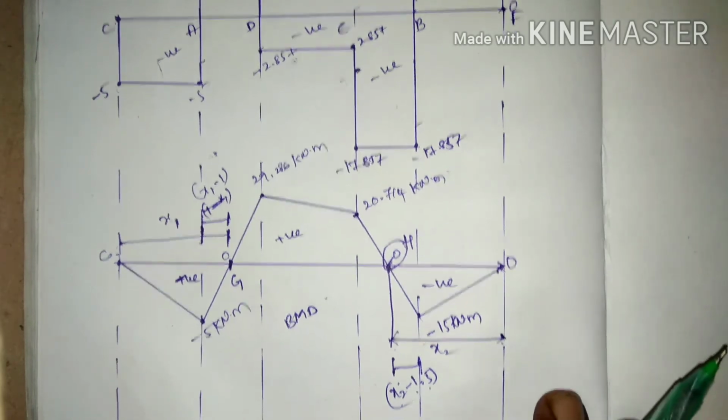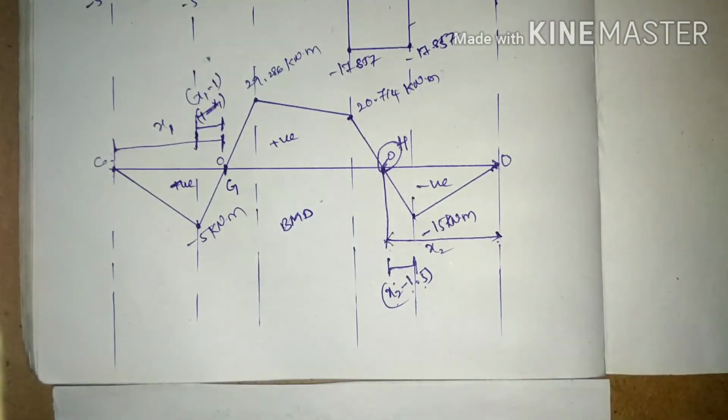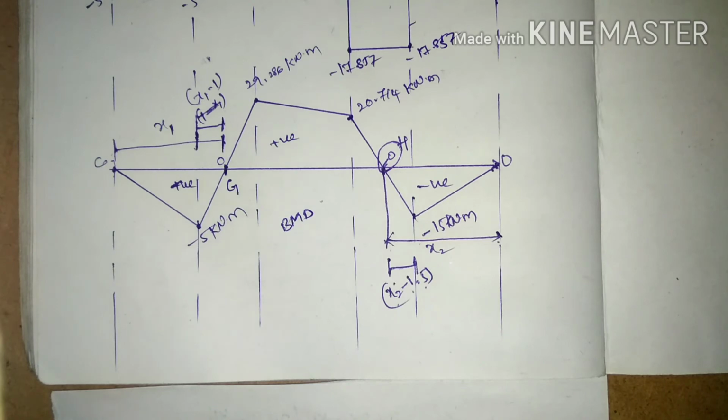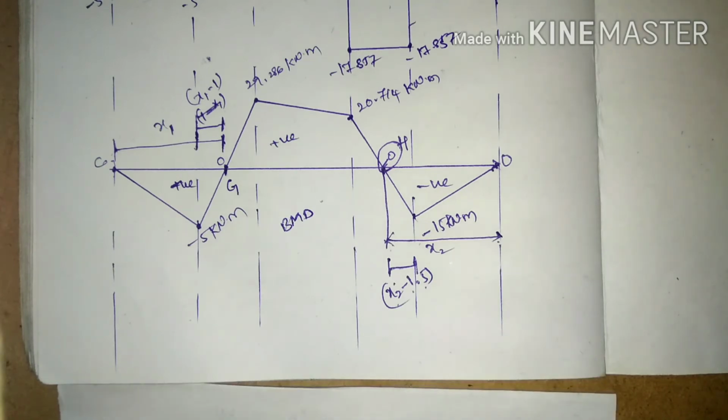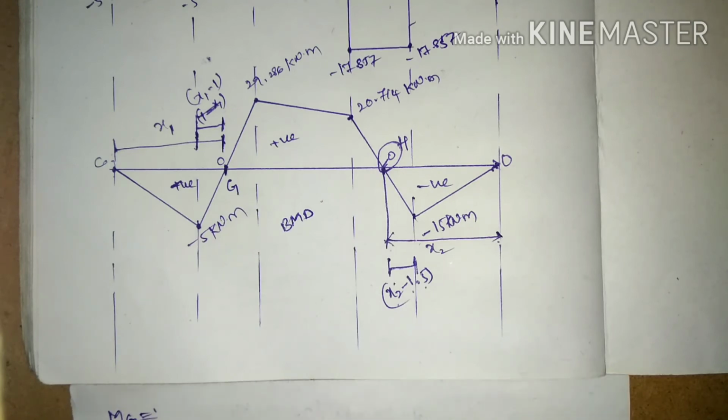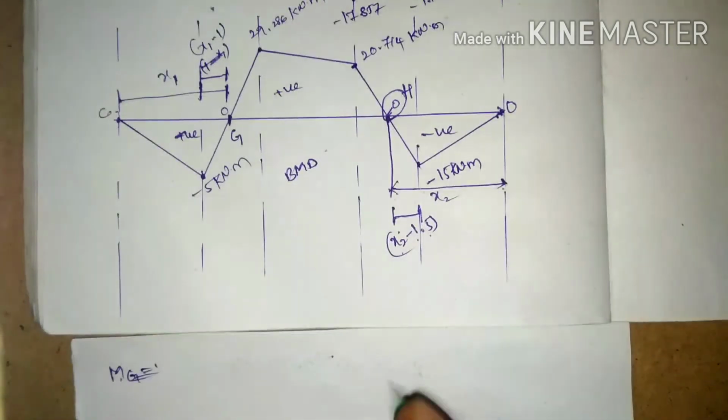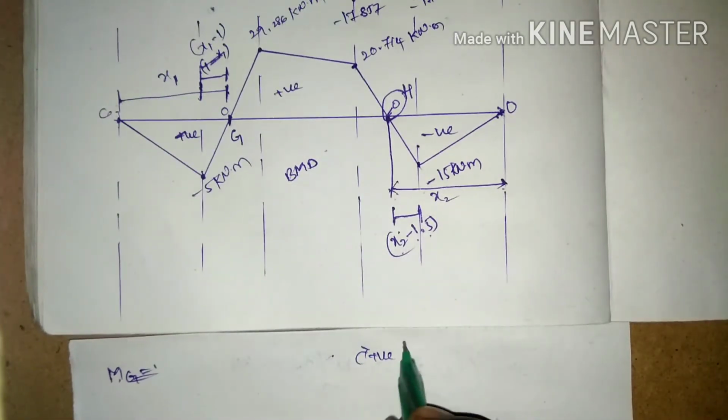Similarly, we follow the same here. At C, we have 5 kilonewtons, which takes an anti-clockwise moment about G. We take the moment about G, from LHS, clockwise as positive, anti-clockwise as negative.